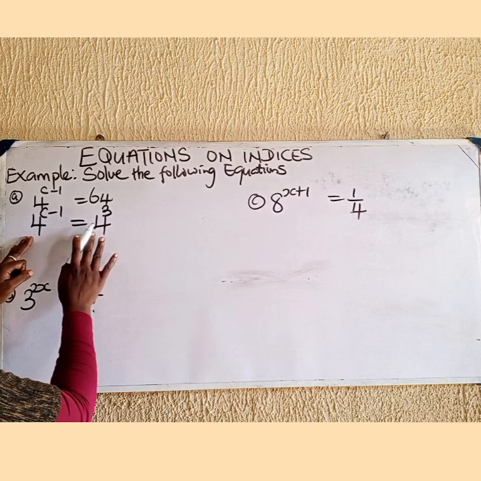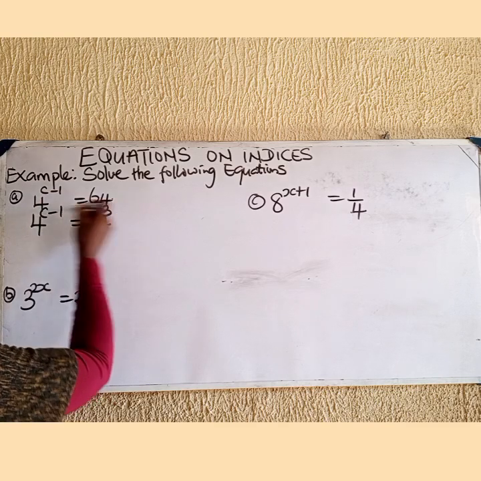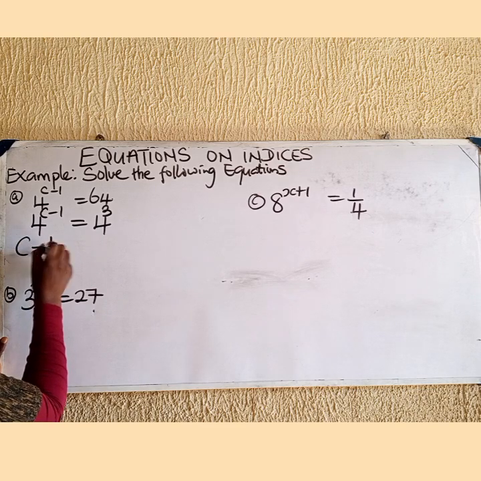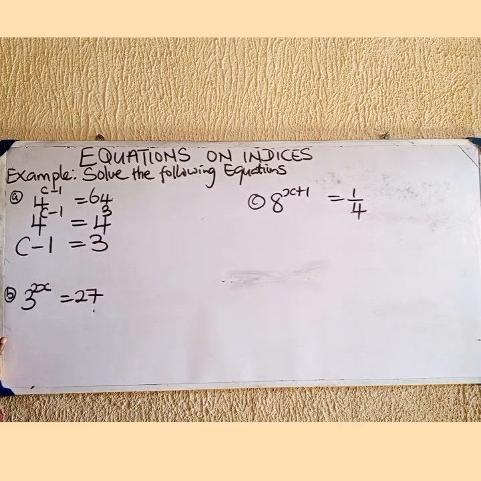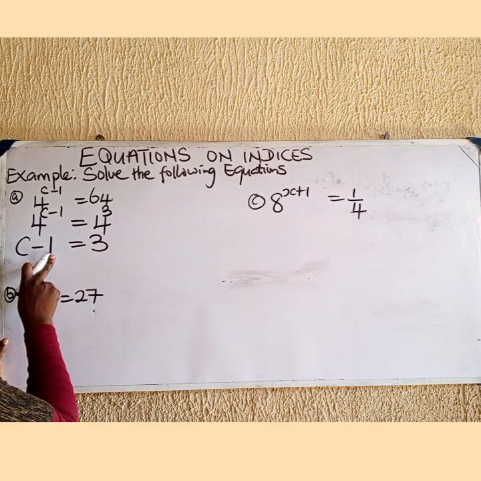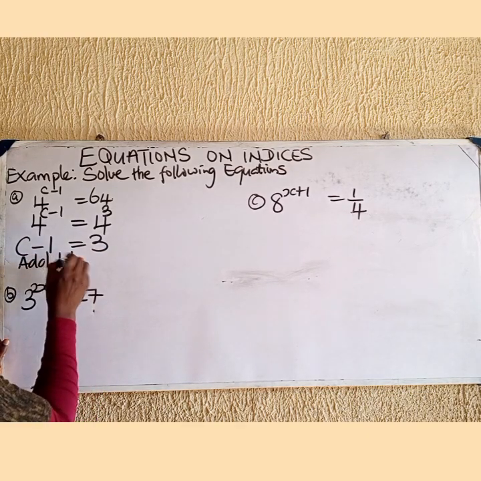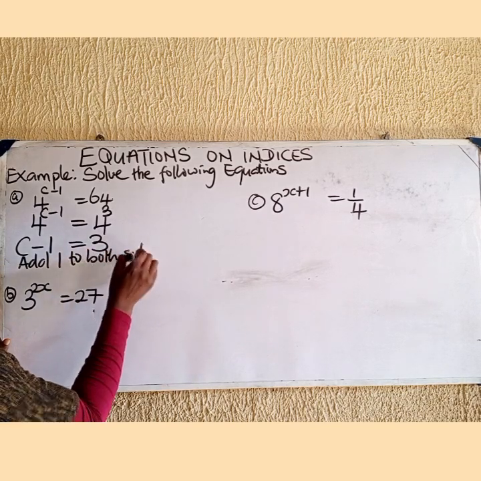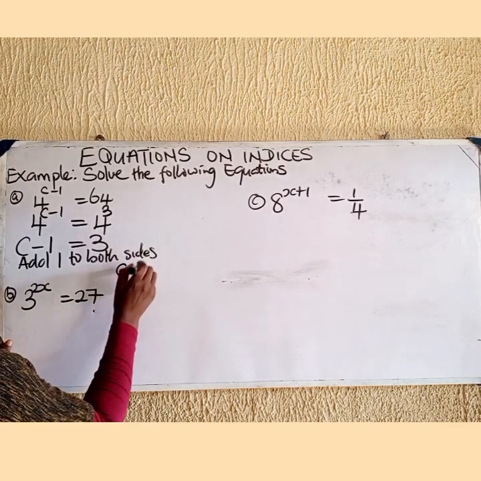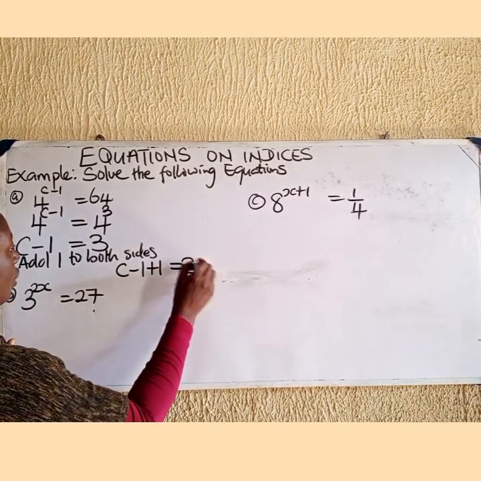Now, when you look at it, they have the same base. And once they have the same base, I will equate the powers. So, equating the powers, I have c minus 1 equal to 3. Now, I'm looking for the value of c, so I add 1 to both sides. I will have c minus 1 plus 1 equal to 3 plus 1.